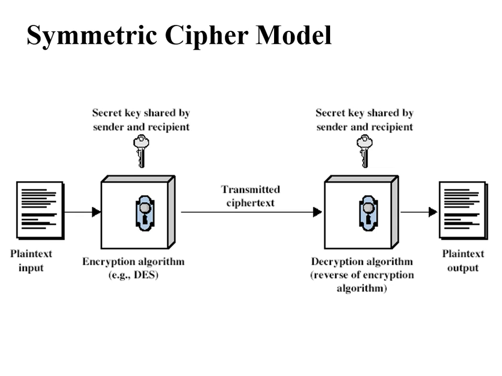We say two entities, Alice and Bob. Sender is Alice and recipient is Bob. Okay, this is the concept of the symmetric cipher model or symmetric encryption.